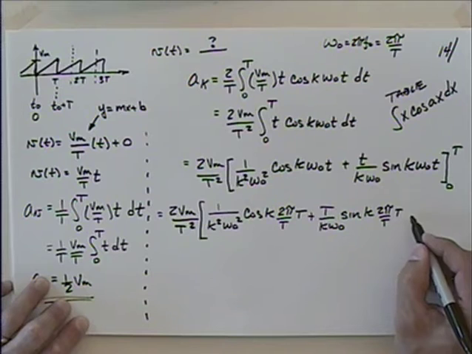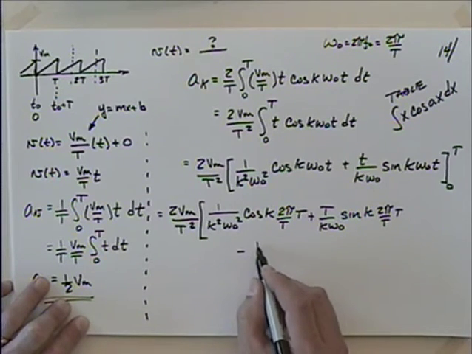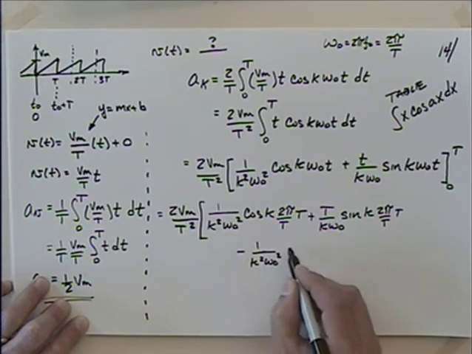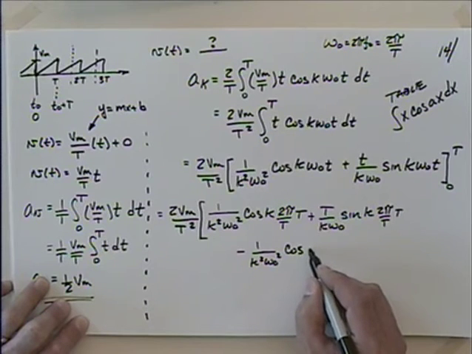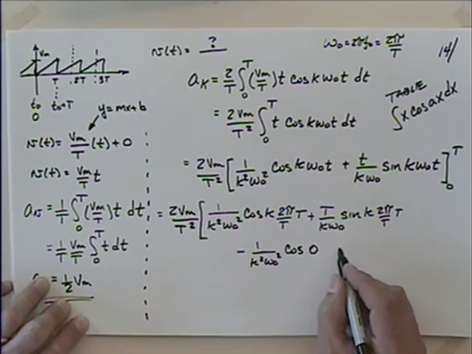and then what am I going to have? Minus, because I have to do the lower limit, cosine of 0, right? When you put 0 in there, you should get 0.